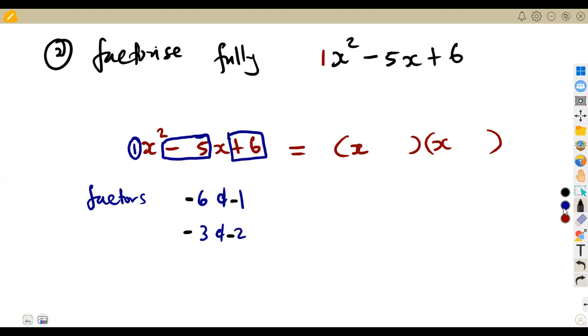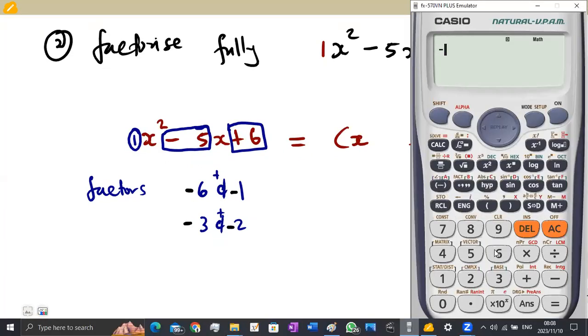Now let's consider, because we know that these numbers, if we multiply them, are going to give us a +6, which is true. But now, which of these pairs, when we add, is going to give us a -5? If you do not understand directed numbers, just use your calculator like this: -6 plus -1 is going to give us a -7.